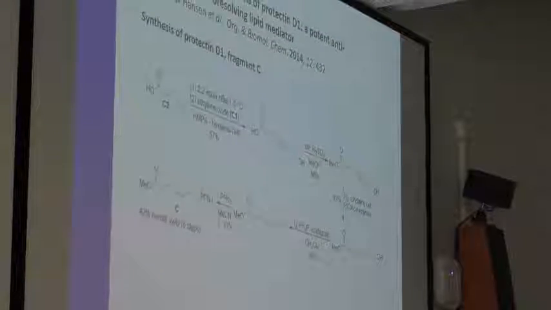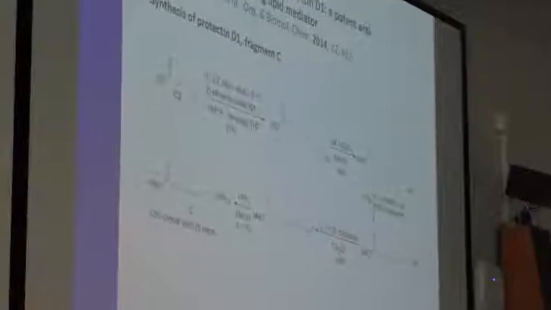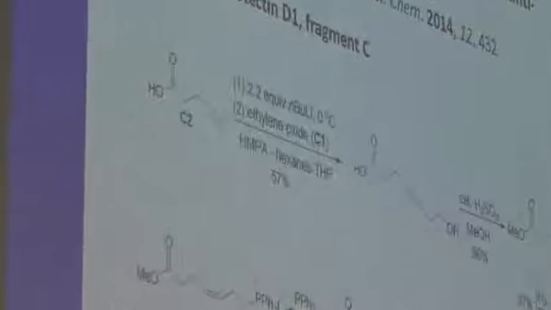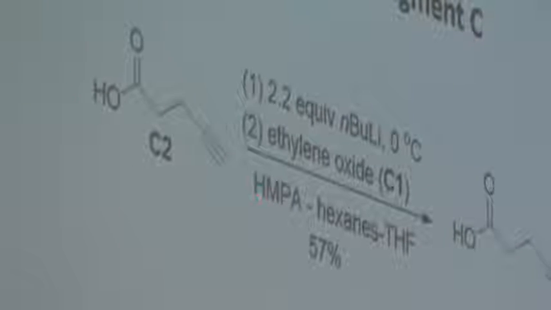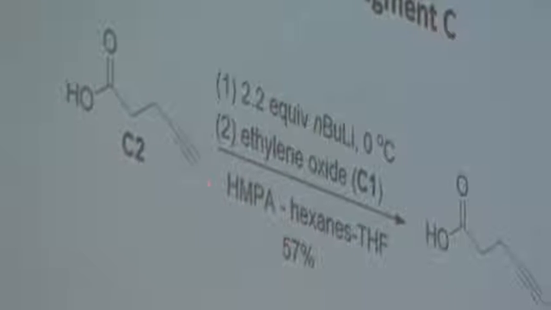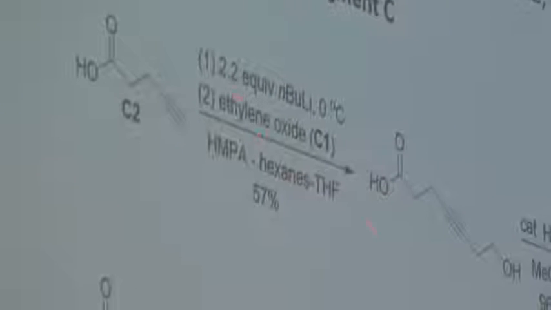C2 was treated with 2 equivalents of n-BuLi. The first equivalent will remove this proton, and then the second equivalent will remove this proton. And this anion will be the reactive center for attacking ethylene oxide, affording this product.